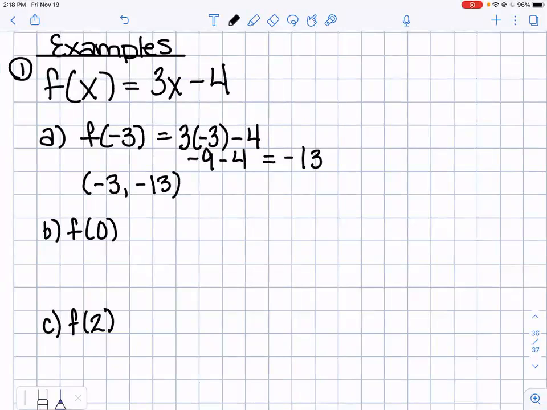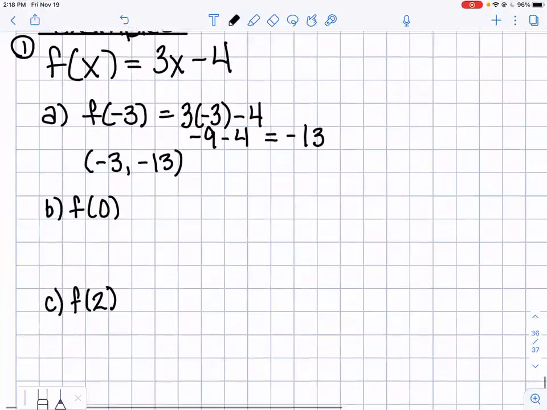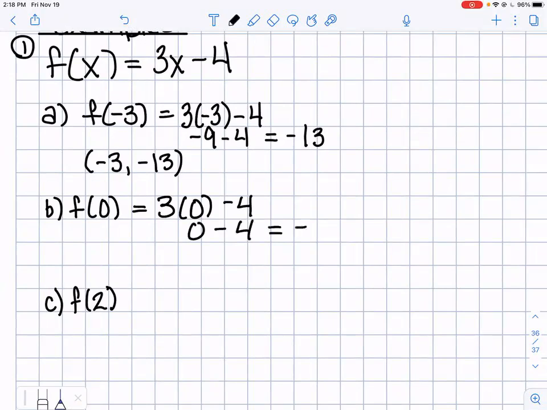I feel like there's still a few questions, but that's okay. We're using the same equation. So 3 times what's x in this case? 0 minus 4. What's 3 times 0? 0 minus 4 is, so what's my point? 0, negative 4.